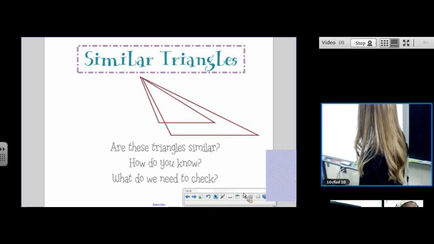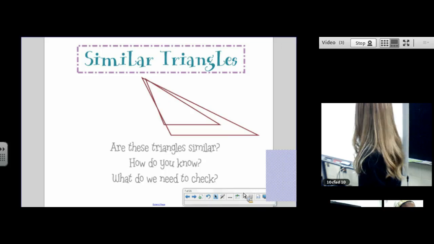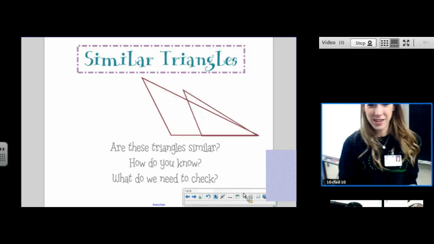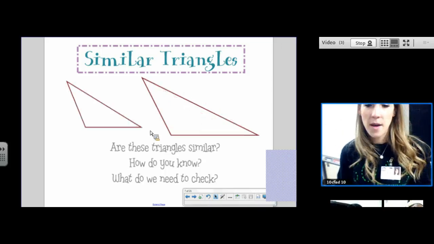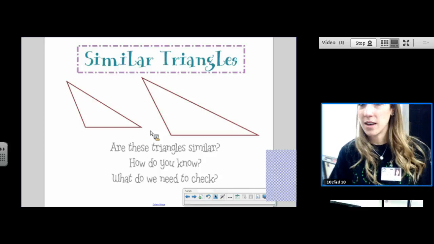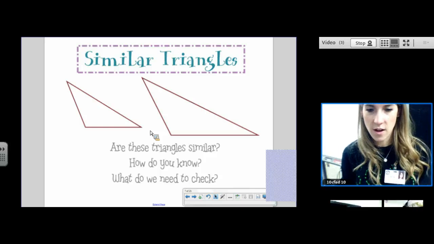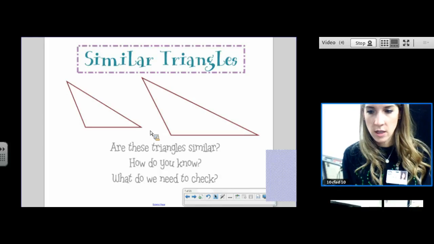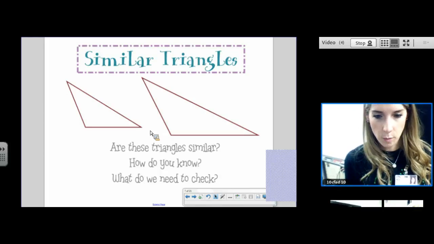Oh no, that angle doesn't check out. So even though those look similar to me, if the angles are not congruent, all bets are off. They're not similar if the angles are not congruent. Good, we need to check the angles are congruent. We would also need to check that the sides are proportional.